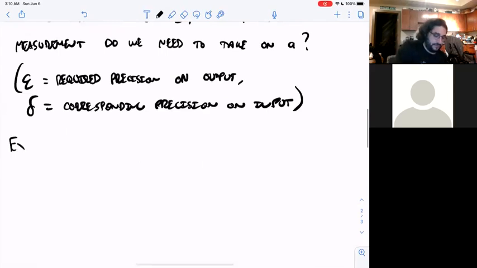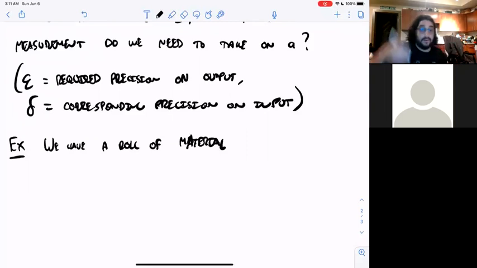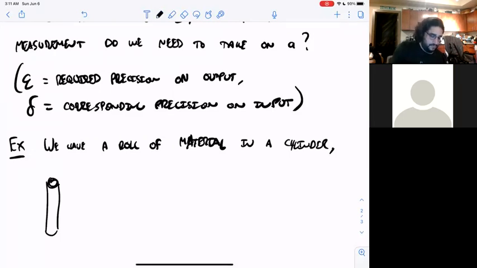So let's do a really specific example. We have a thin material that's wound up in a roll, just like a roll of paper towels, and we'll say this is 4 feet high. So the 4 foot high roll of this material.